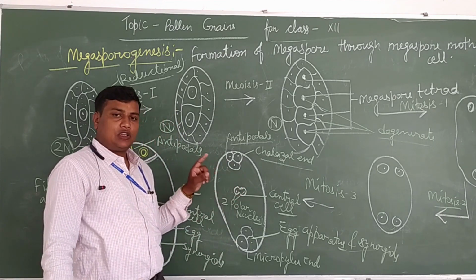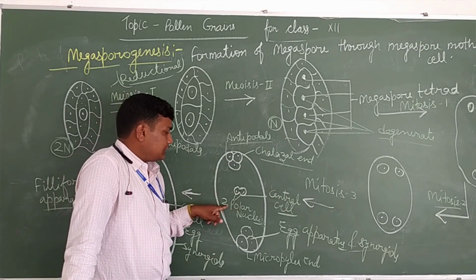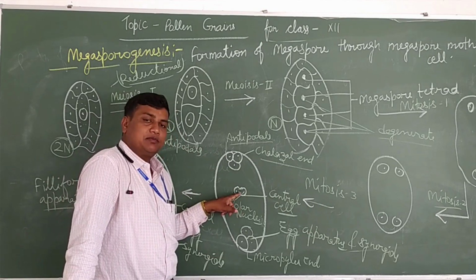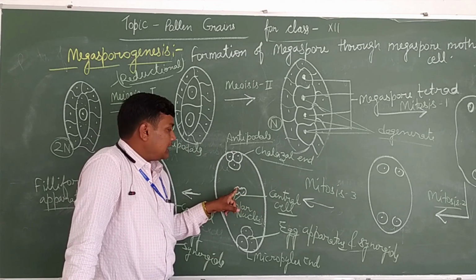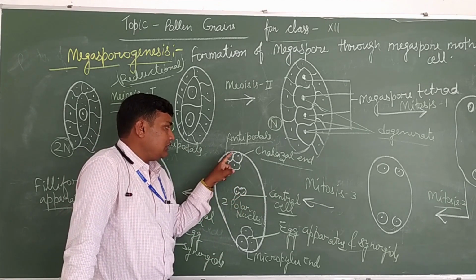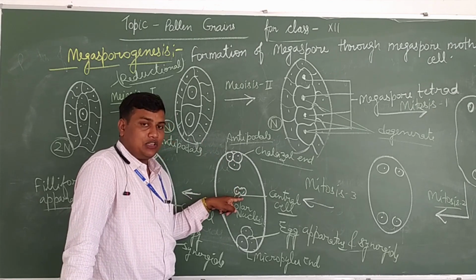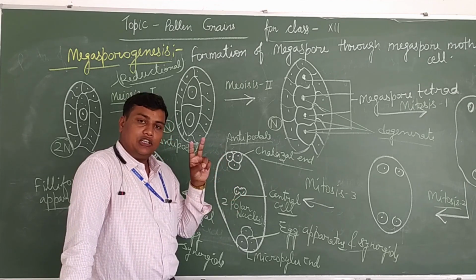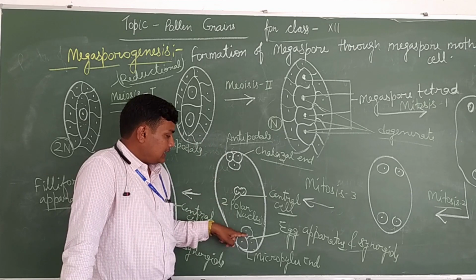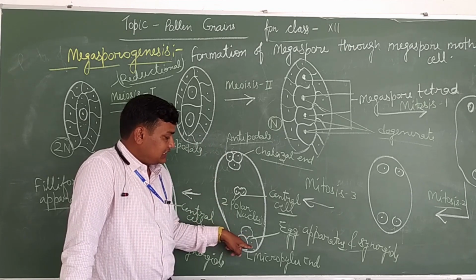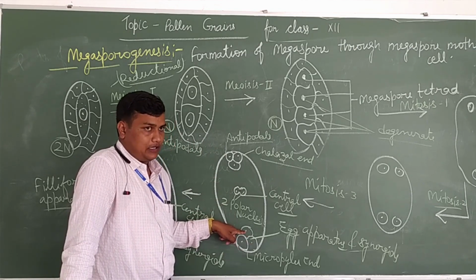Due to the presence of 2 nuclei, they are known as the 2 polar nuclei present in one cell, and the remaining cells have only 1 nucleus each. The cell at the center is known as the central cell, and it contains 2 nuclei. Here are 2 synergids and 1 egg cell.